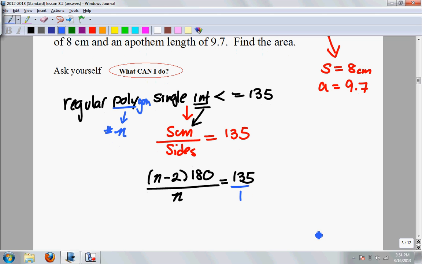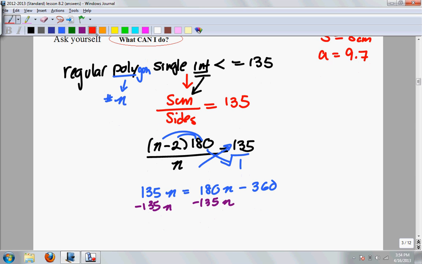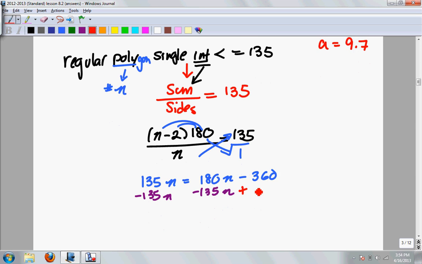We're going to put this over 1 and cross multiply. We have 135n equals, and now I'm going to distribute this, 180n minus 360 times 1. From here, I'm going to subtract 135n from both sides, and on this side, I'm going to add 360.